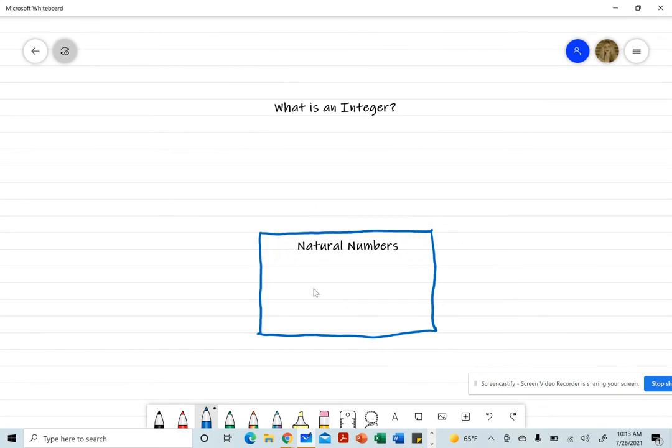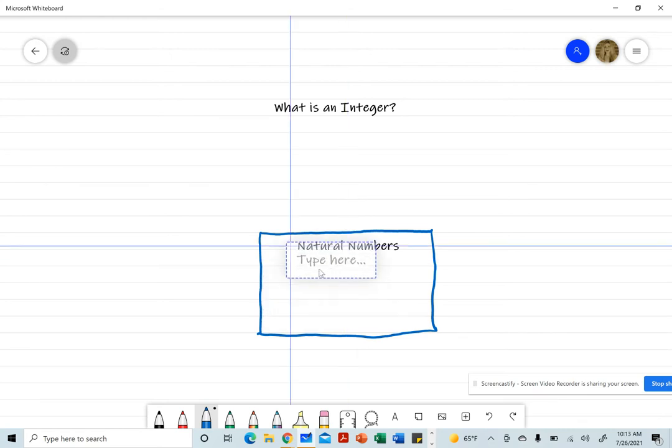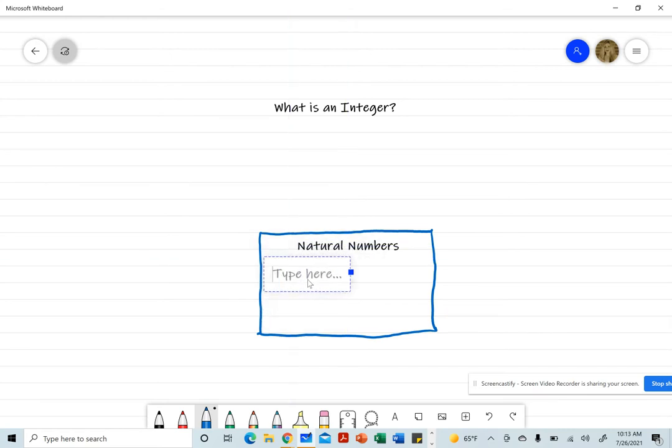Natural numbers. Okay, so what are natural numbers? Well, natural numbers are numbers that we use to order in math.